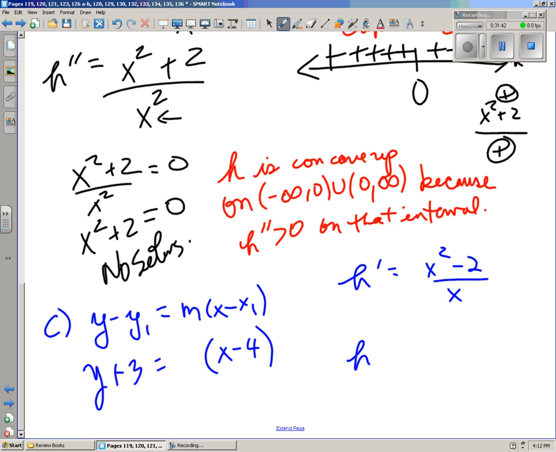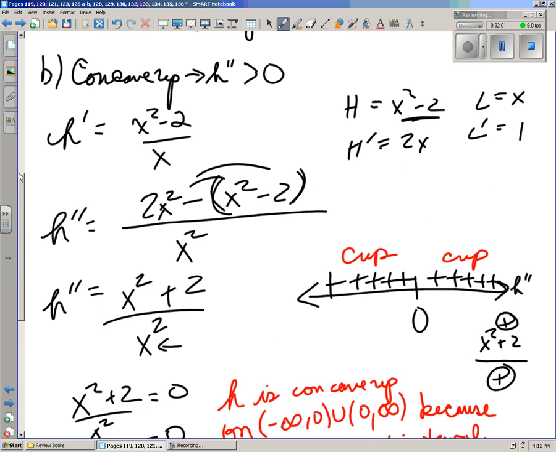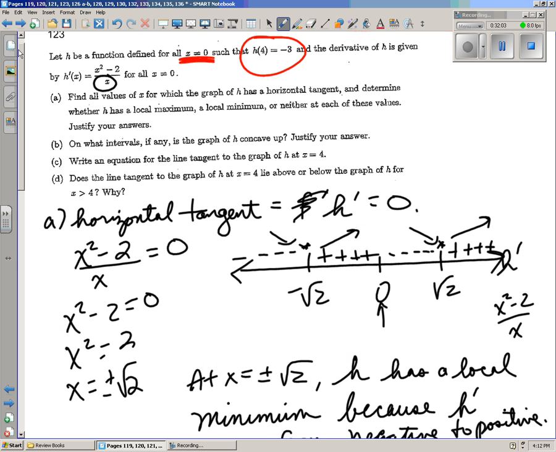So the slope at 4 would be 4 squared minus 2 over 4. 4 squared is 16 minus 2 is 14 over 4. 14 over 4 is better known as 7 halves, but you would not need to simplify on the exam. 7 halves, put it here, done. Very easy. Part D is a little more challenging.